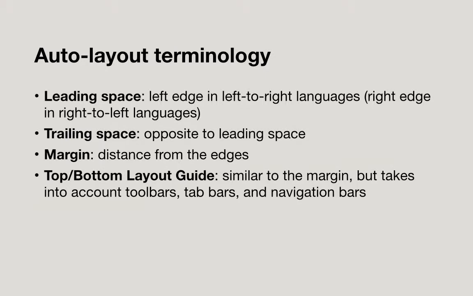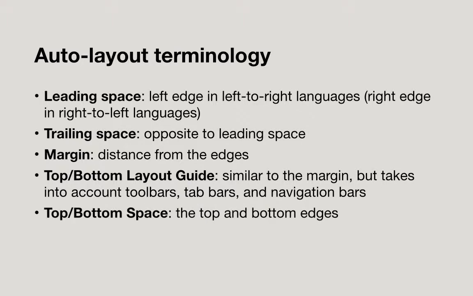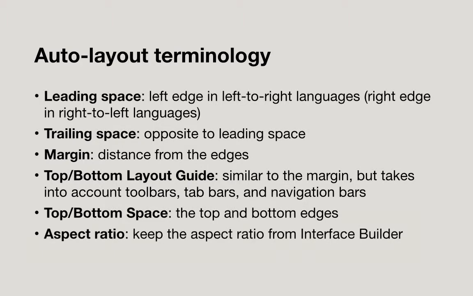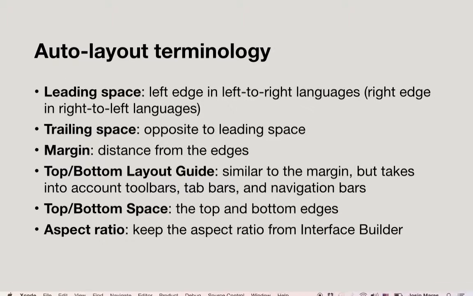Similar to the margin, but also takes into consideration toolbars, tab bars, and navigation bars. Top or bottom space. The top and bottom edges, respectively. And aspect ratio. Handy for images or a view if the width should grow with the height, or vice versa. Keeps the aspect ratio you see in Interface Builder.